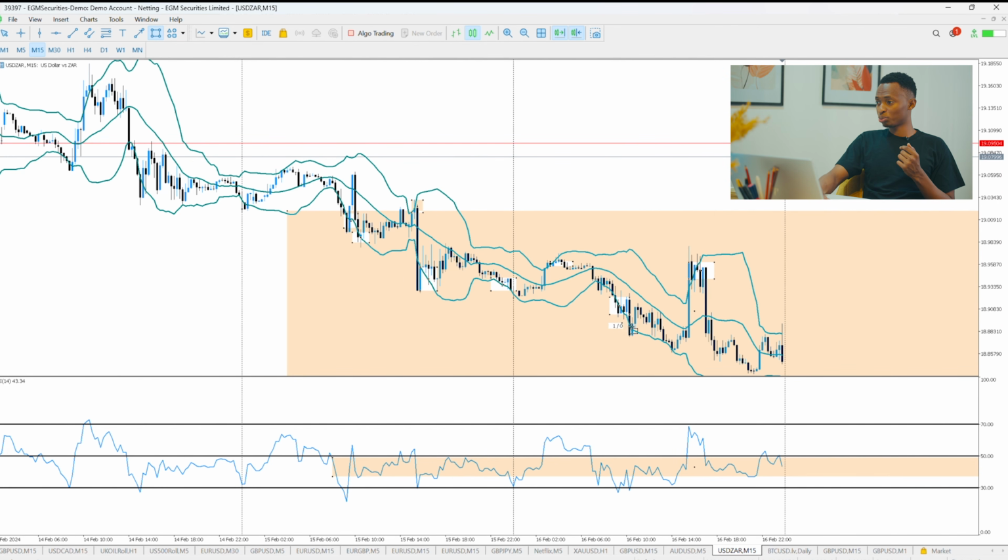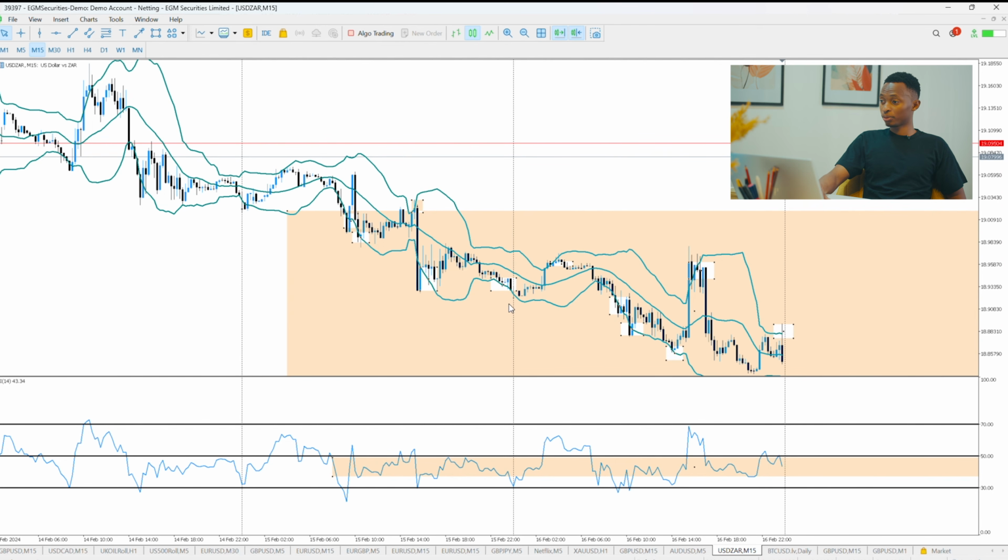So it's meant to make our work easier. So you can see the 3 times price touched the upper band, it all managed to go lower. So we had very correct signals from the Bollinger Bands.